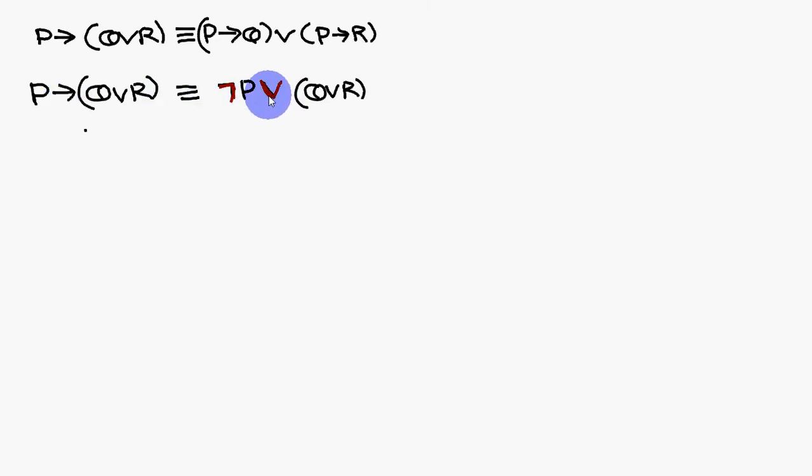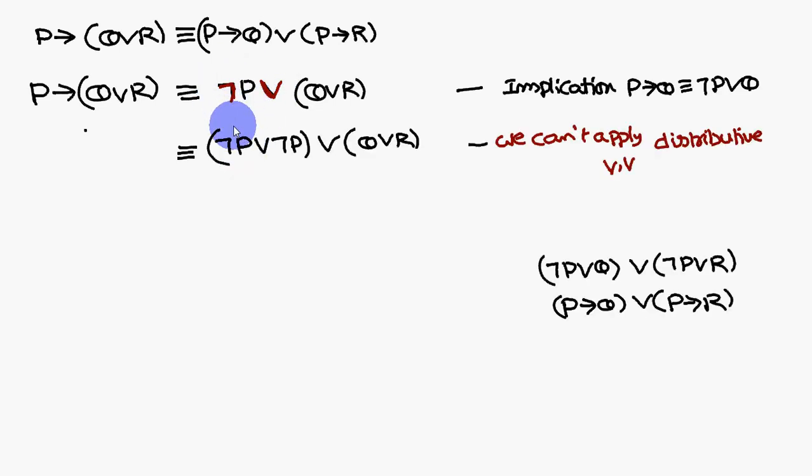So not P or (Q or R). Here an OR symbol is there and here an OR symbol is there, so you cannot apply the distributive law. So what can you do? In the answer we have two P's, P conditional Q and P conditional R. So for that, not P can be written as not P or not P. Similarly Q or R as usual I have written.